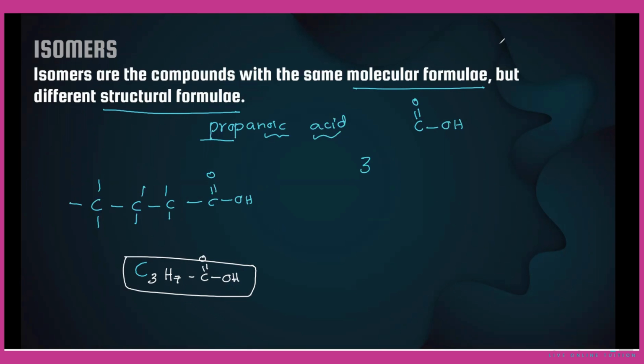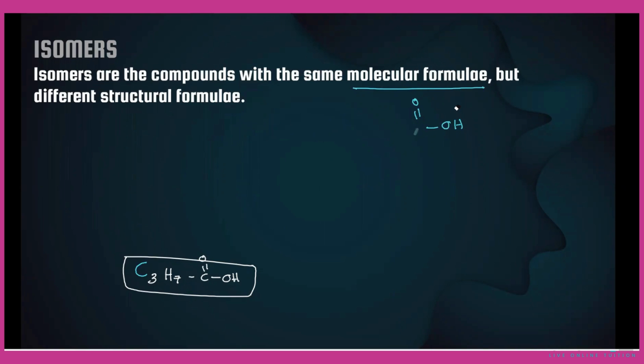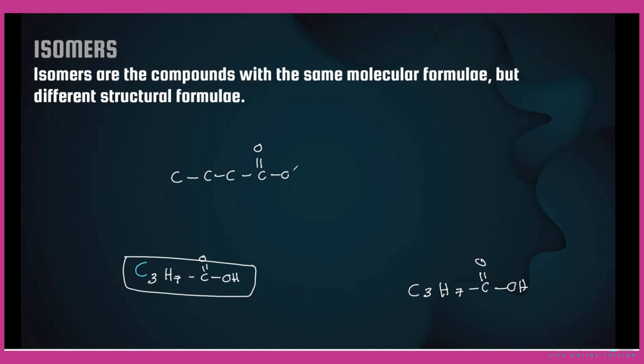So let's say I'm having the same molecular formula, but different structural formulas. Let's see how I can have that. So here again comes the same molecular formula. But when I'm trying to do that, let's say this is a straight chain, and at the terminal carbon, I have my functional group, which is C double bond OOH.